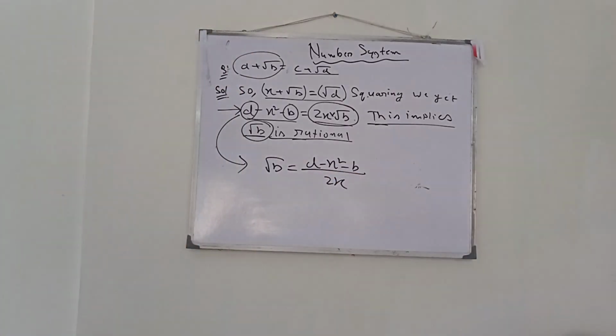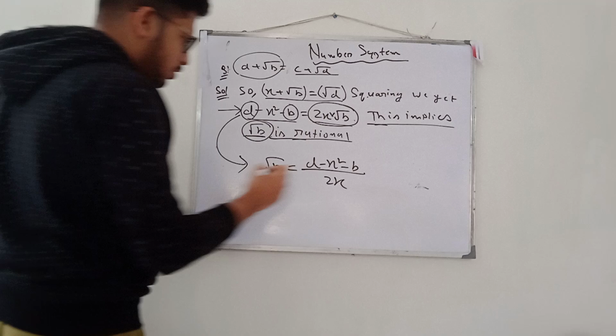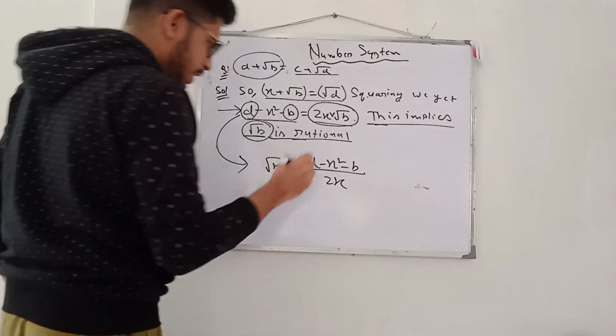Okay, root b is equal to d minus x square minus b upon 2x. So this is the value of root b.